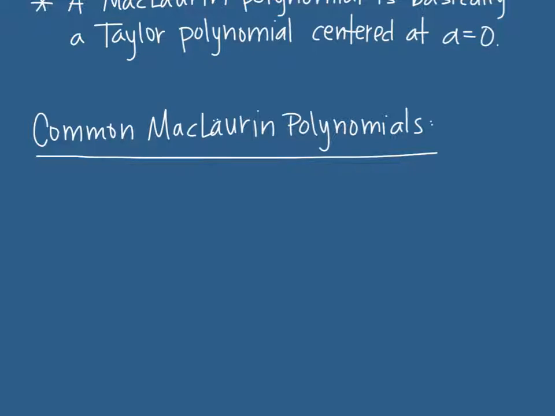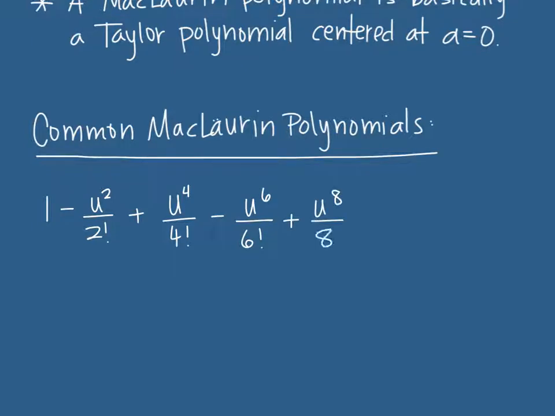The following polynomial starts with 1 minus u squared over 2 factorial plus u^4 over 4 factorial minus u^6 over 6 factorial plus u^8 over 8 factorial.